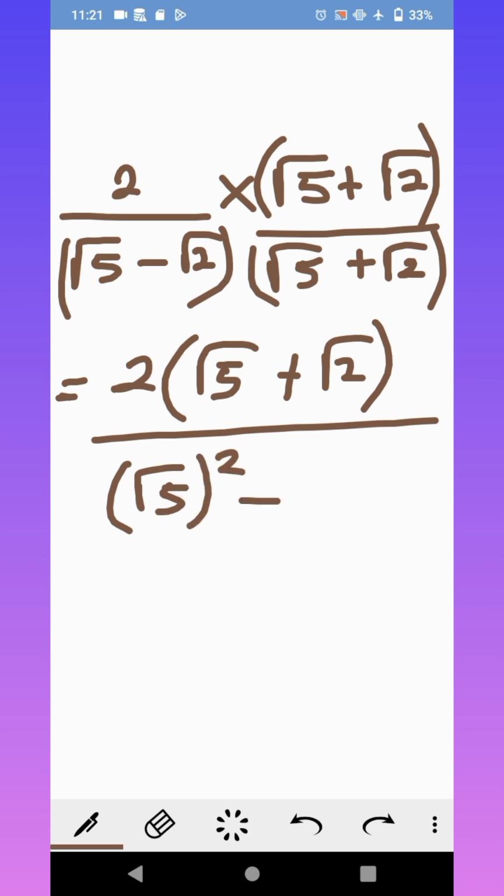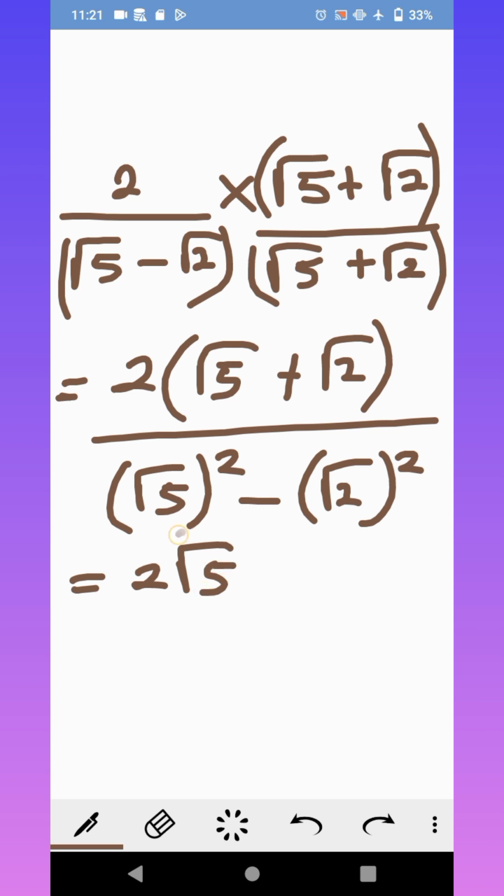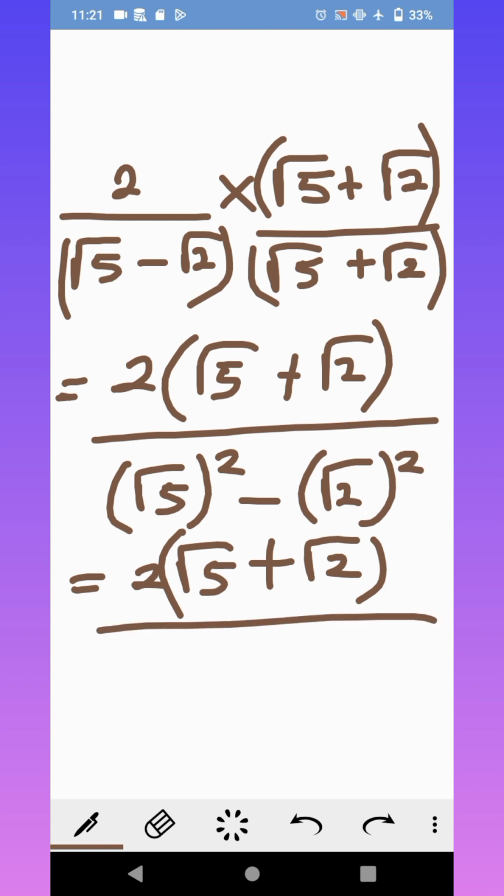Root 5 all squared minus root 2 all squared. This will give us 2 root 5 in brackets plus root 2 all over root 5 all squared is 5, minus root 2 all squared is 2.